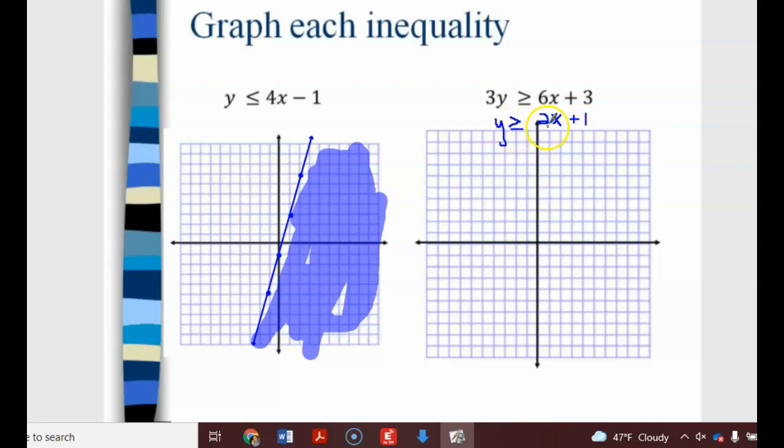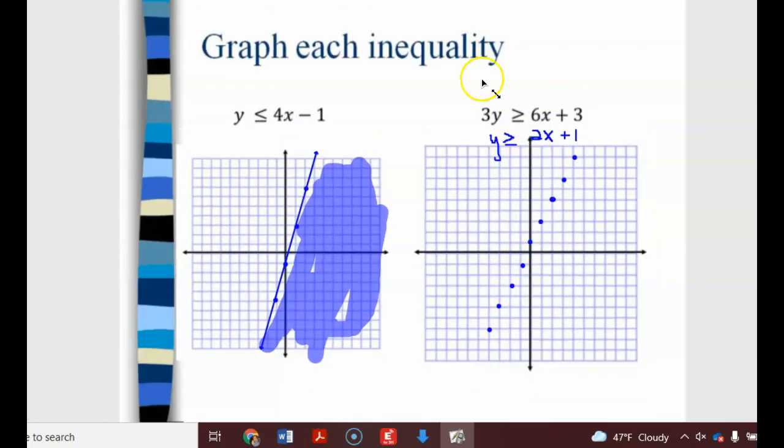So we get y greater than or equal to 2x plus 1, thus making my y-intercept a positive 1 and my slope a positive 2. So we're going up 2 and over 1, or down 2 and left 1.